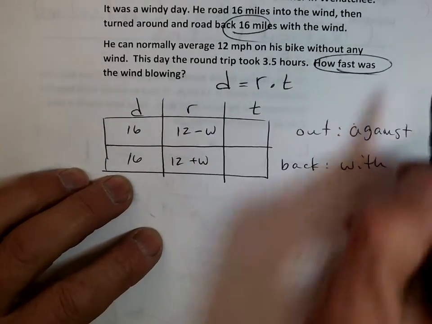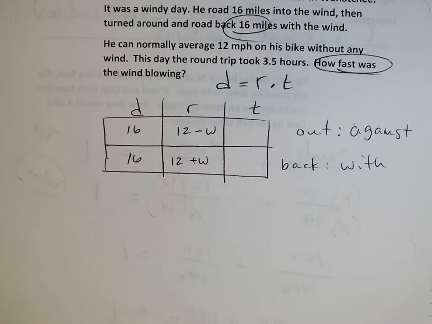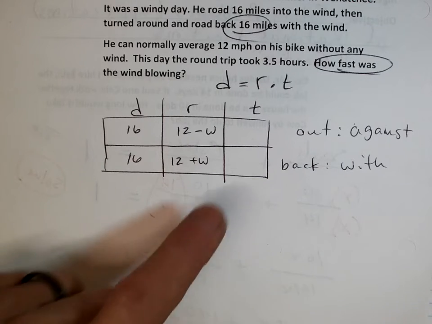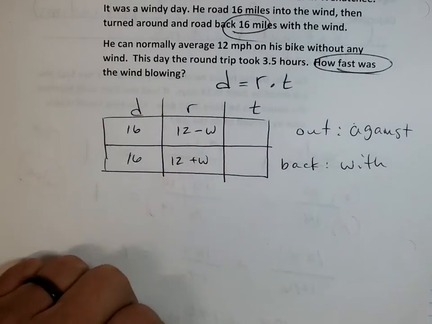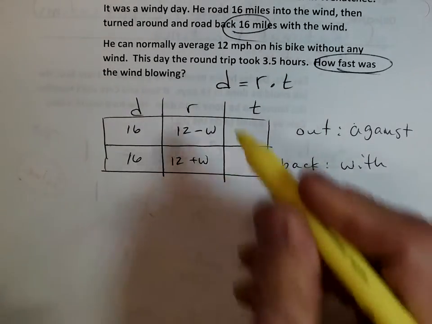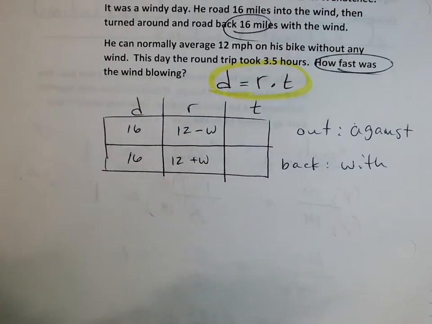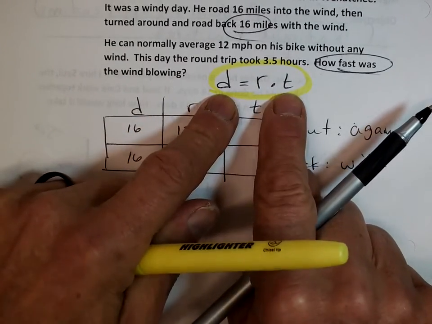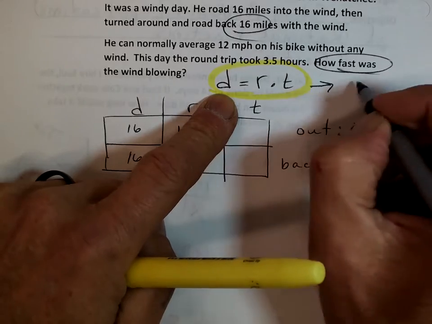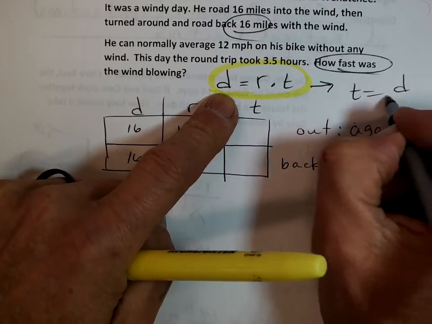How fast, right? So, I don't know anything about time out or time back, but I know the total time took 3.5 hours. Let's take this equation right here. I'm going to highlight this equation. Let's rewrite this equation in terms of time. If I solve and rewrite this equation in terms of time, t equals distance over rate.